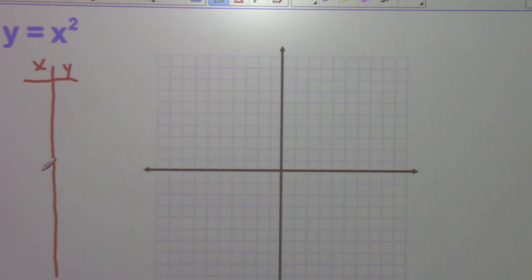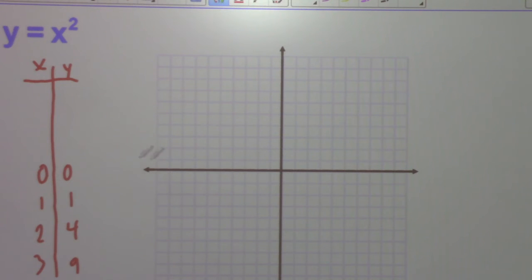If you take 0, what is our output for that? 0. And we go to 1, 2, 3. If we have 1 squared, what do we have? 1. 2 squared, 4. 3 squared, 9.